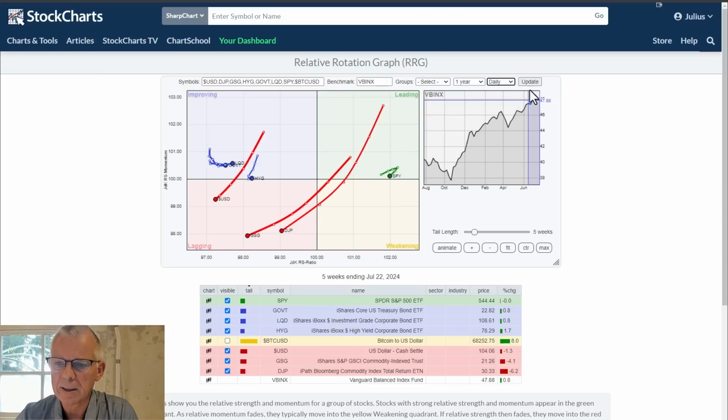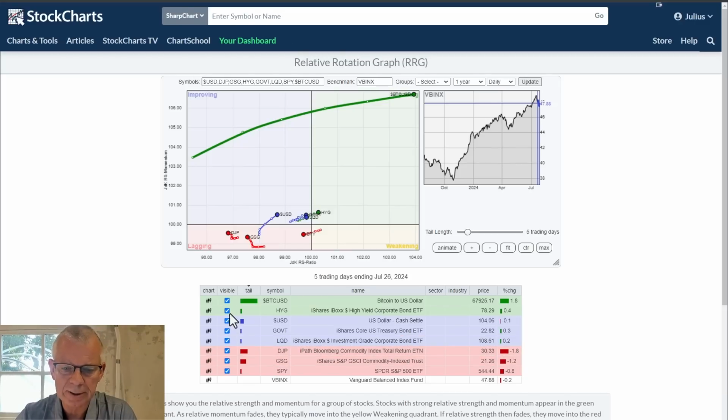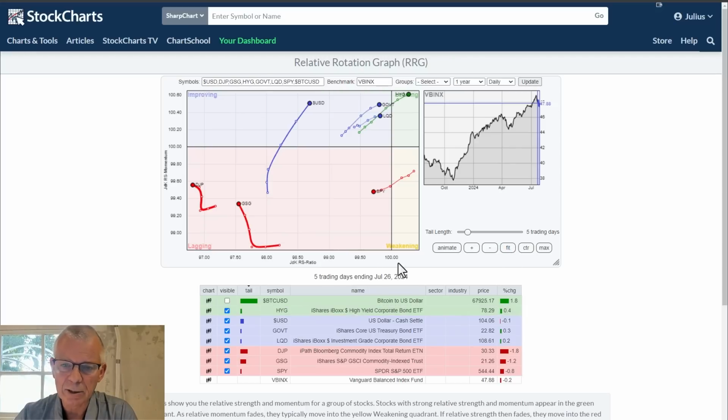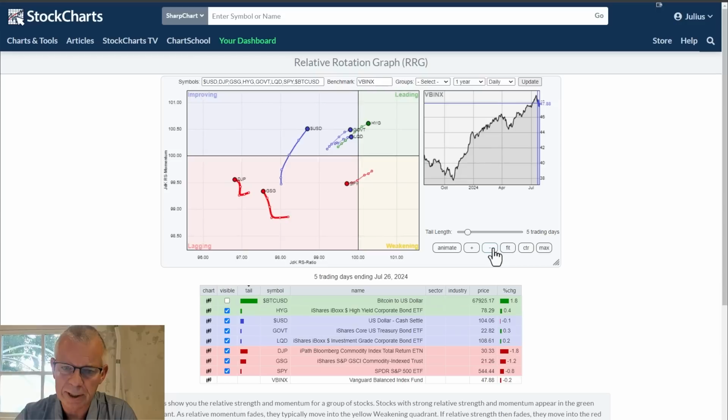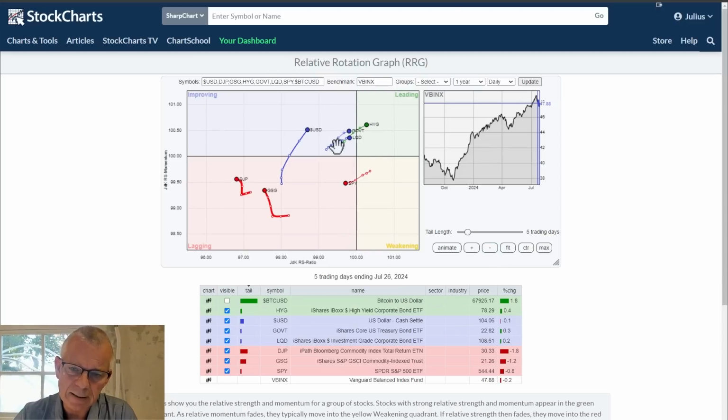If we do that here on the fly, and again I need to tick off Bitcoin, look at how strong that move has been and still is. And you will see here how SPY has rotated, or is still rotating, out of favor at the cost of pretty much all government bond related ETFs. So there's corporate bonds, high yield, and government bonds.